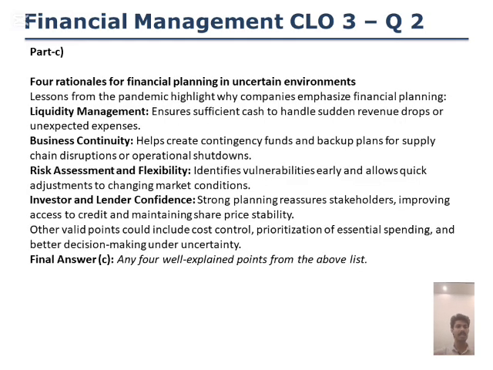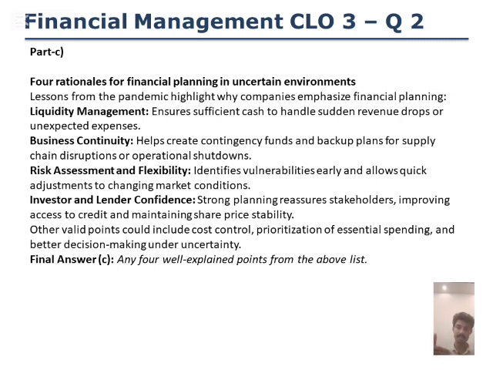In part B they are asking about 4 rationales for financial planning in uncertain environments. In uncertain environments, we have liquidity management, business continuity, risk assessment and flexibility, as well as investor and lender confidence. Liquidity ensures sufficient cash to handle sudden revenue drops or unexpected expenses, meaning a company should have enough funds or cash to handle revenue and expenses.